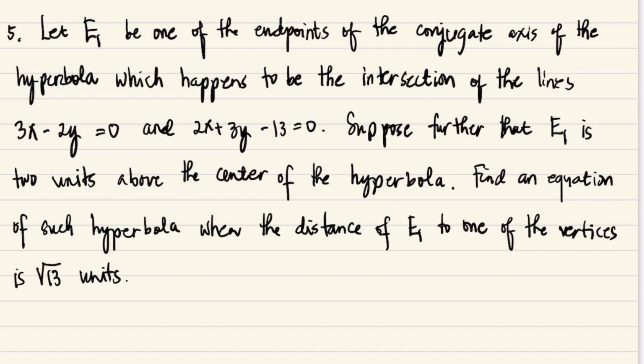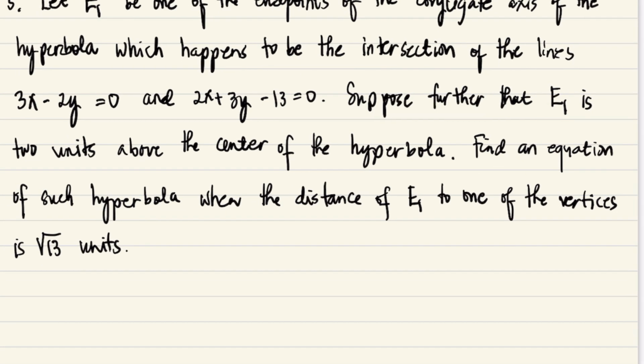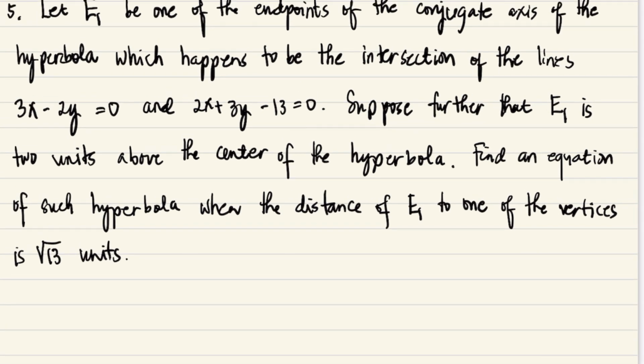So problem number 5. Let E1 be one of the endpoints of the conjugate axis of the hyperbola, which happens to be the intersection of the lines 3x minus 2y equals 0 and 2x plus 3y minus 13 equals 0. So suppose further that E1 is 2 units above the center of the hyperbola. Find an equation of such hyperbola when the distance of E1 to one of the vertices is square root of 13 units.